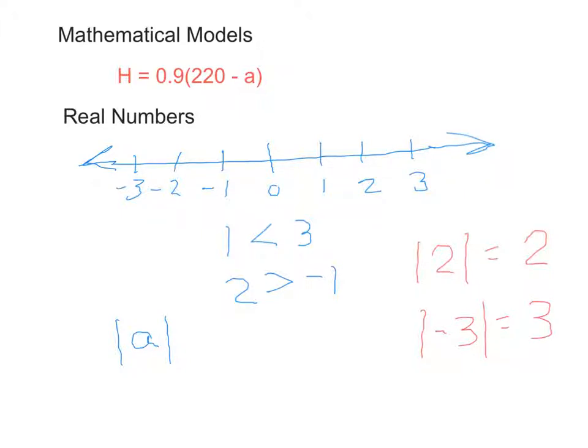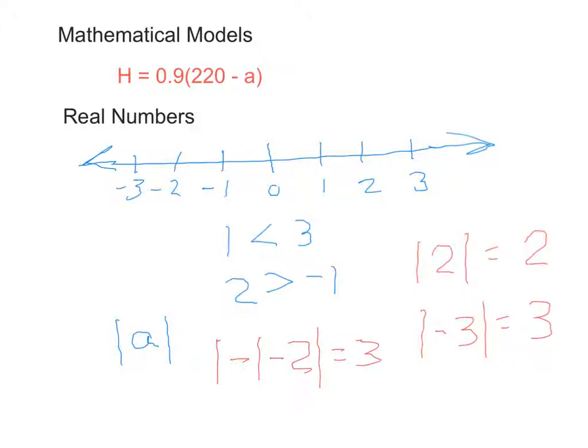Now what if I want to know the absolute value of the difference of two numbers, the distance between two numbers on a number line, for example. Let's say I want to know the distance between -1 and 2. Well, the distance between -1 and 2 is simply the absolute value of the difference. For example, if I have -1 minus 2, the absolute value of that is going to come out to be 3.